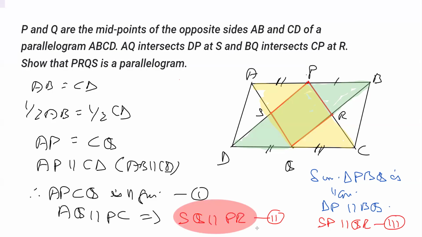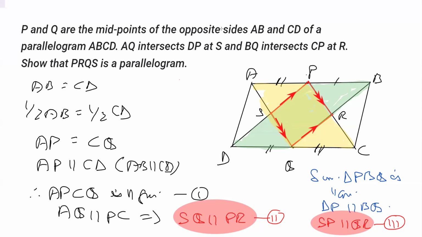Here SP is parallel to QR, and SQ is parallel to PR. I should once again highlight it. This is SP. SP we proved in the second part, SP parallel to RQ. And in the first part, we proved SQ parallel to PR.